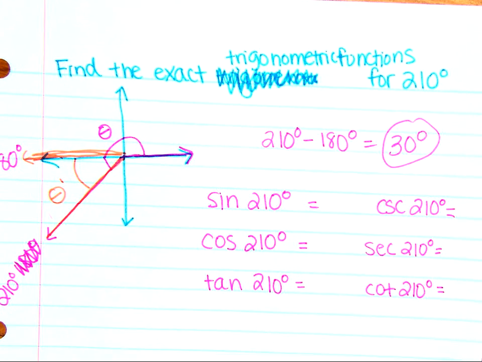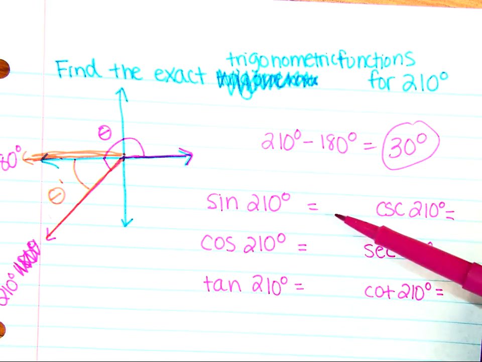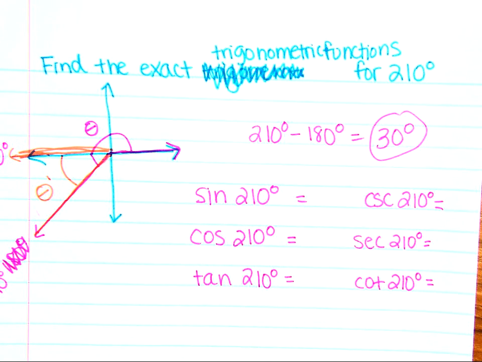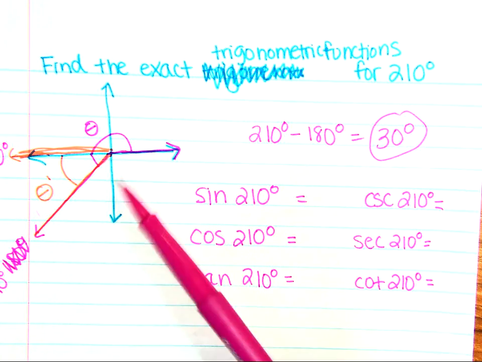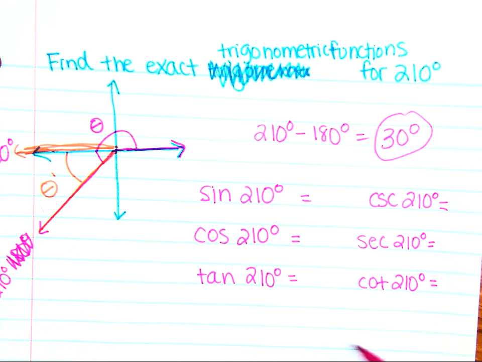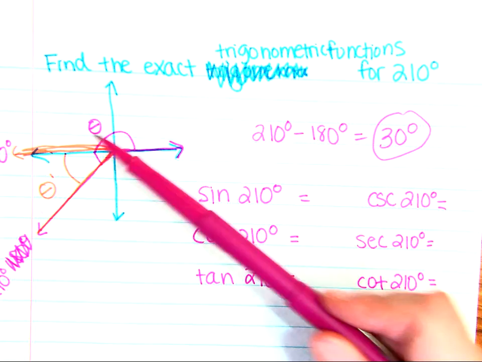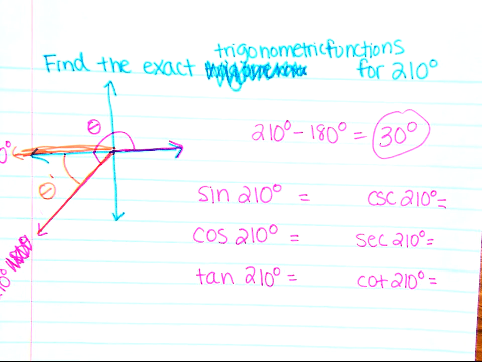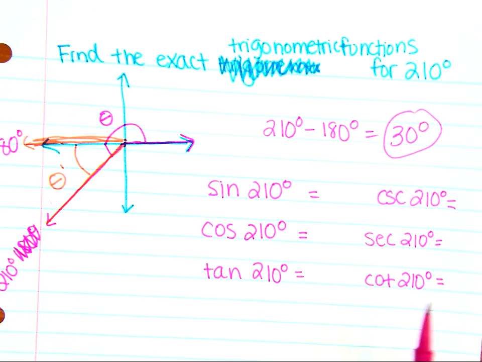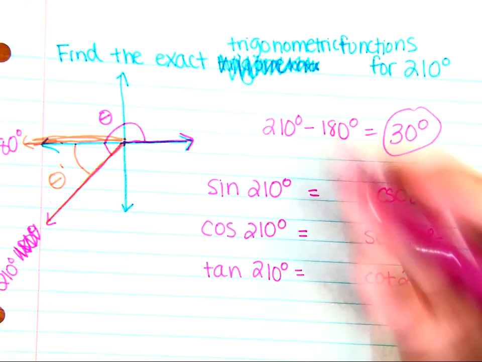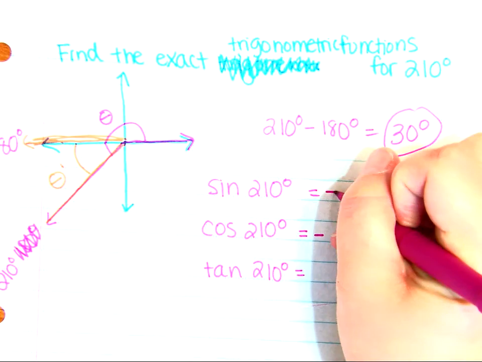If this was truly 30, then I would just fill out directly from my card and copy them all down. But this is in quadrant 3, so now I'm going to have to account for the fact that some of these numbers are going to be negative. So, all students take. Take stands for tangent. Tangent and its reciprocal, cotangent, are the only two that are positive. So I'm just going to go ahead and fill in negatives for the other 4.